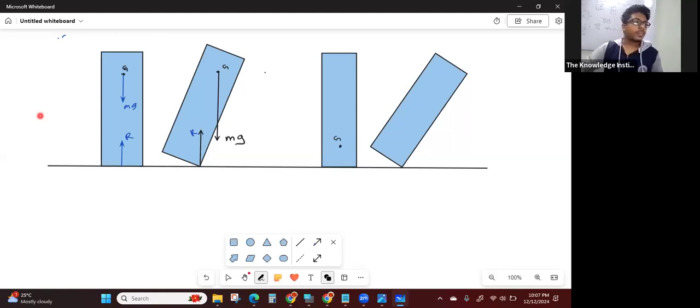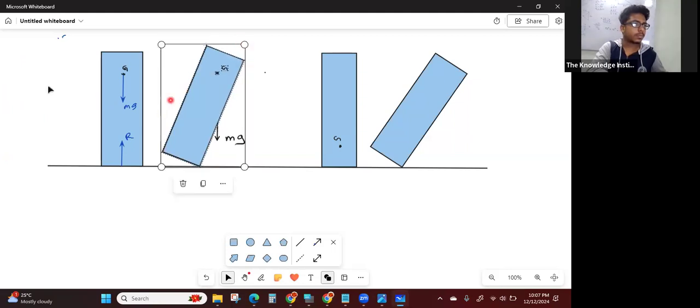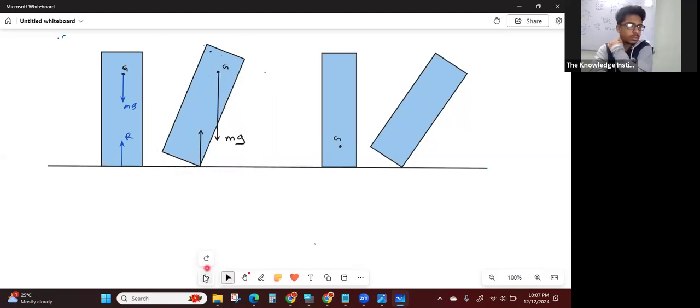Now if I tilt this, from this point there will be a movement, so this will topple.